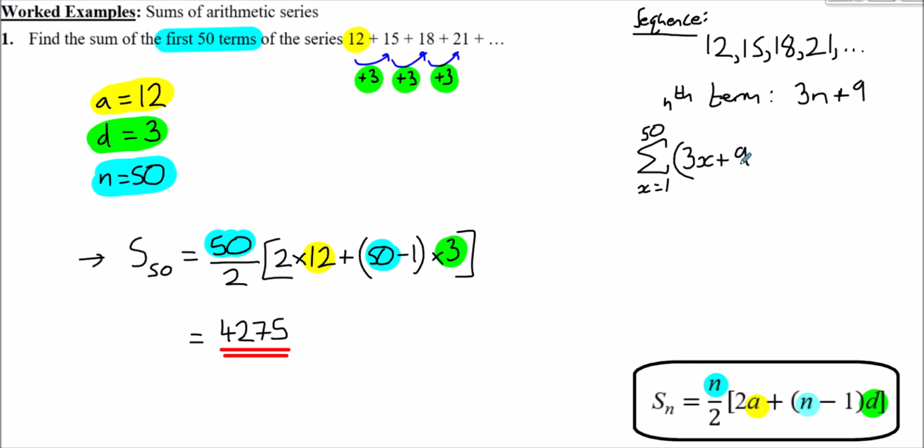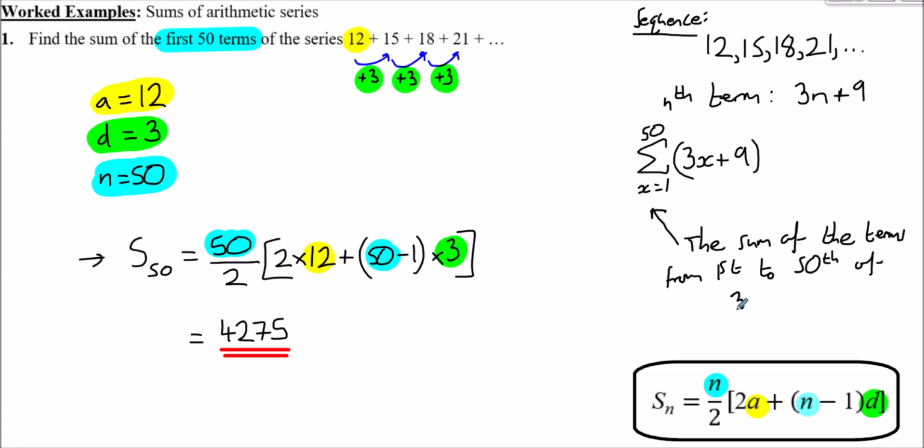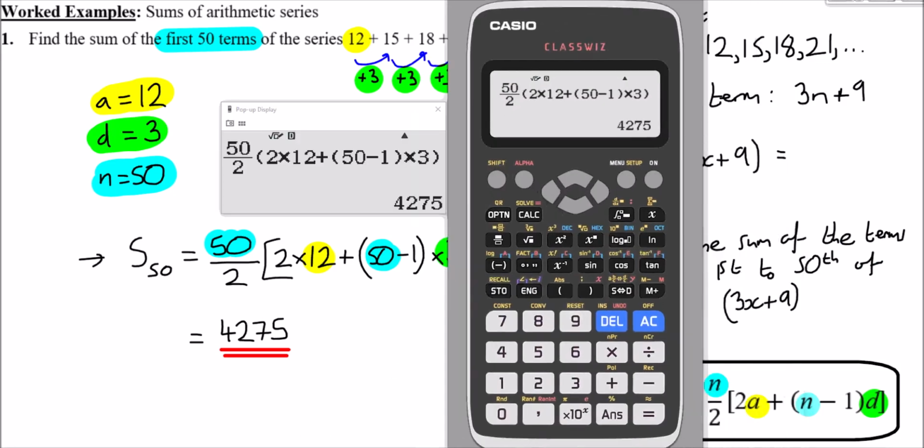Then what this means is the sum of the terms from the first to the 50th of 3x plus 9. I can't stress enough, I'll have a full lesson on this, but just to skip ahead, just to introduce this calculator function to you.